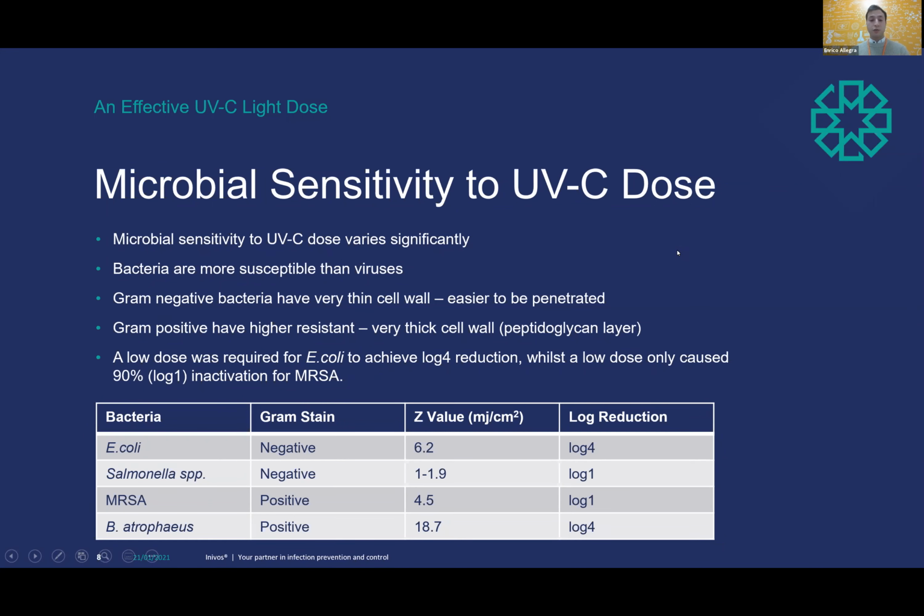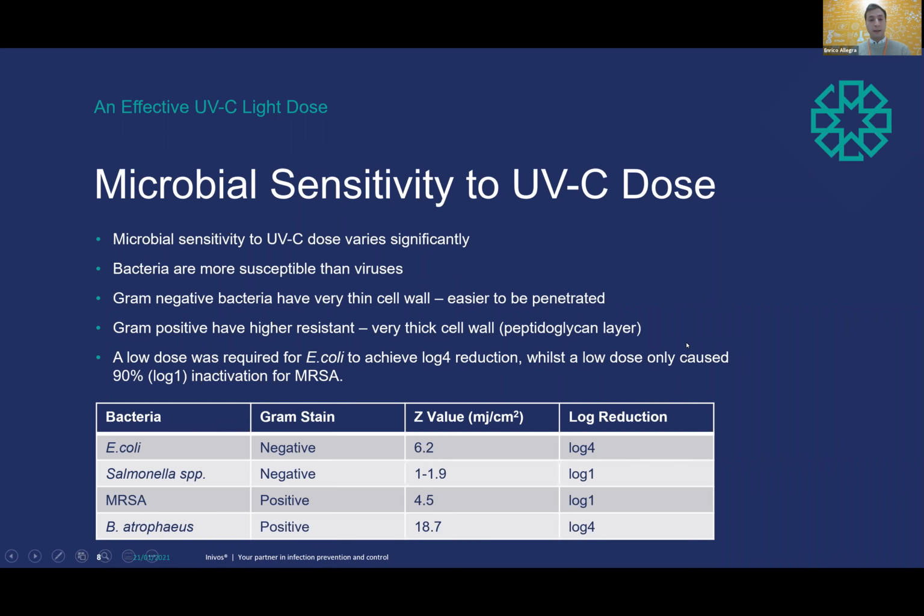This is just to show that if you were to use the same Z value for every application, you will not achieve the required log reduction. So we need to be very careful, and again, understand all these parameters. We need to understand what the challenge is in order to then apply the correct dose.